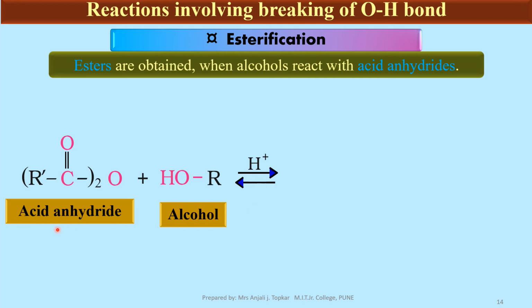Acid anhydride reacts with alcohols in the presence of concentrated acid to form the product in such a way as it can be seen here. Esters are formed.